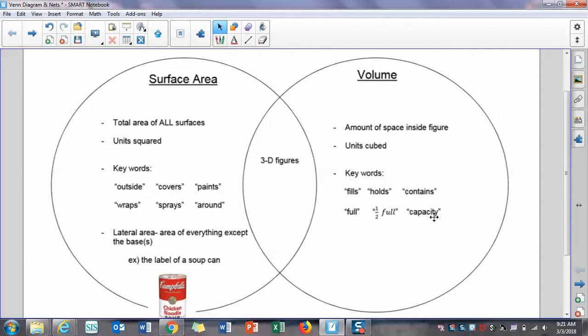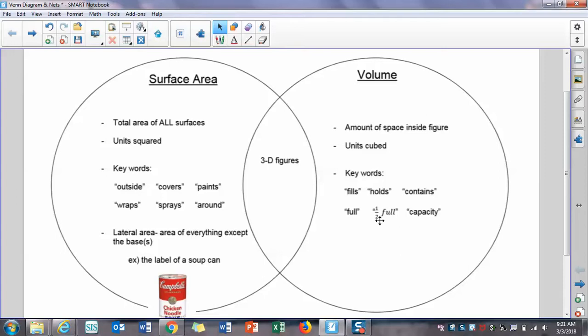So how much water can this cup hold? How much coffee can this mug hold? The pool is half full. So going to that example with half full, using the dimensions of the three-dimensional pool, I can find the volume and then take half of it because it's only half full. Please be aware that you will see things other than 1/2. You'll see a third full, maybe 4/5 full.